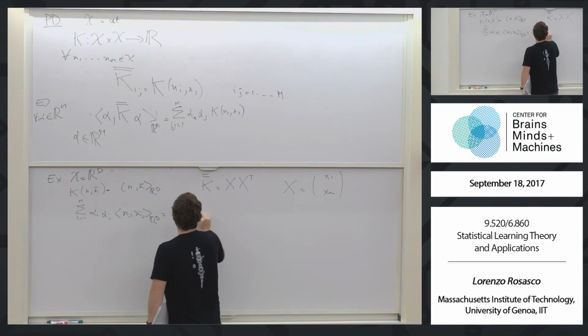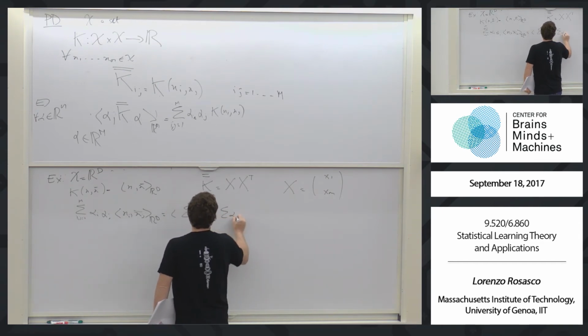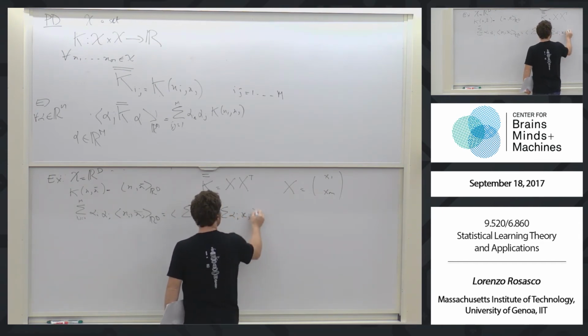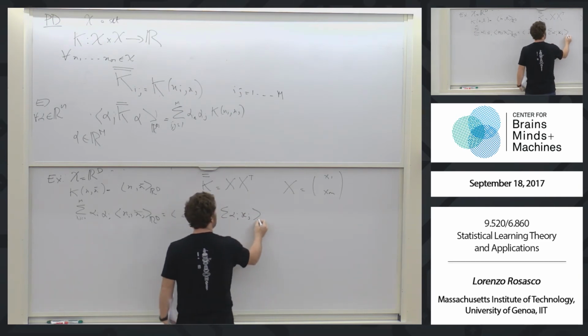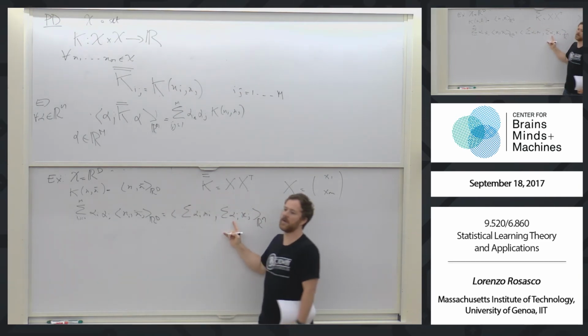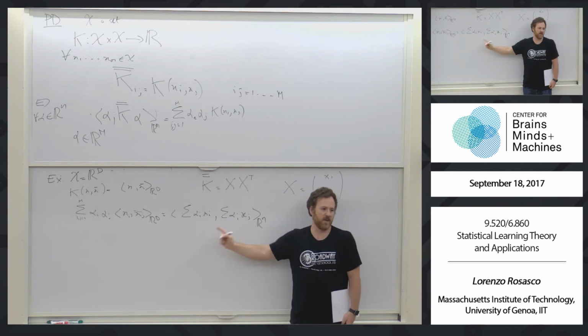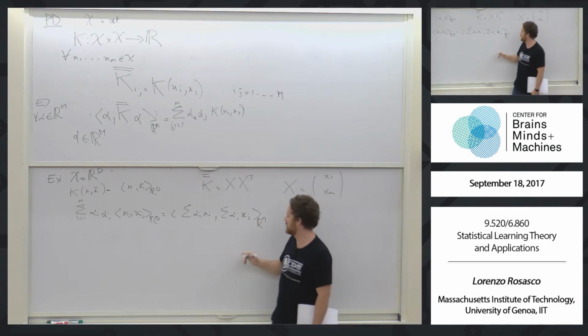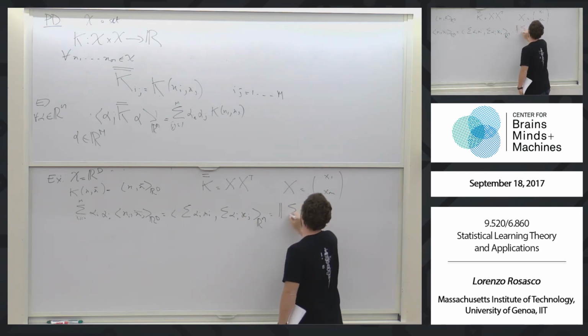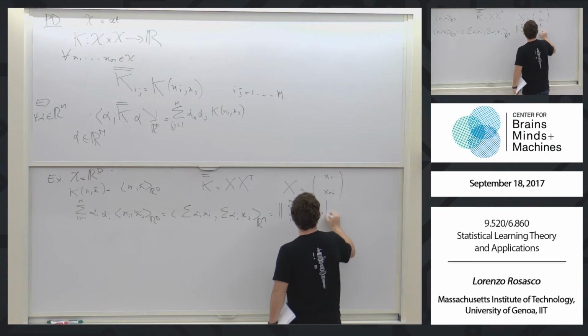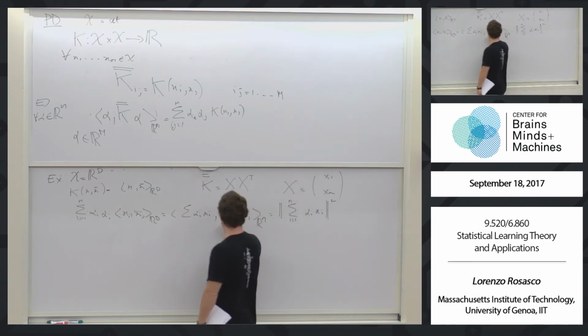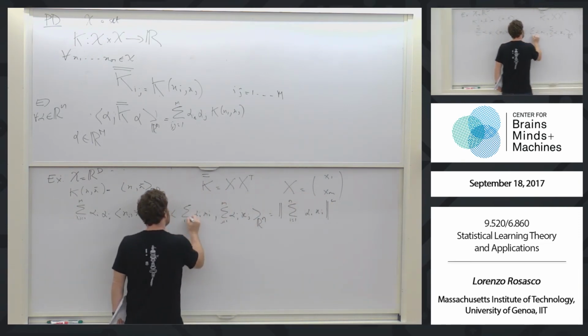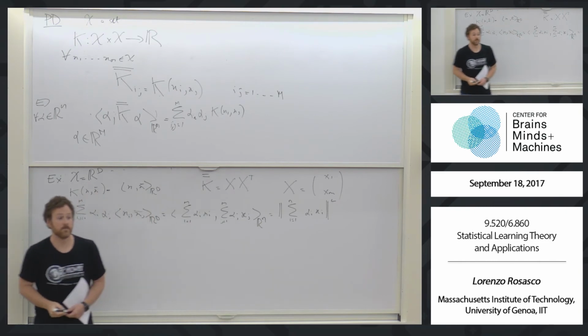I get the sum of alpha_i x_i, times the sum of alpha_j x_j, in R^m. And you see now I call them with different indices, but it doesn't really matter because I can just give the same name, which means that this is just the squared norm of the sum of alpha_i x_i, i from 1 to m. Agree?